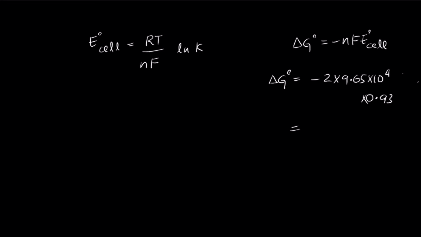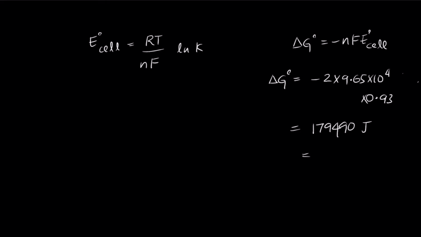So you have 2 times 9.65 times 10 to the power of 4 times 0.93, which when calculated gives you 179490 joules.